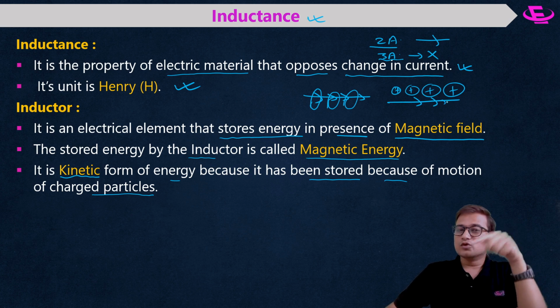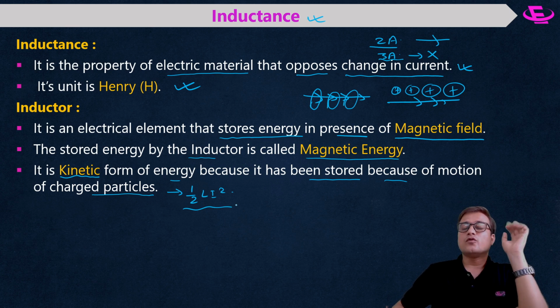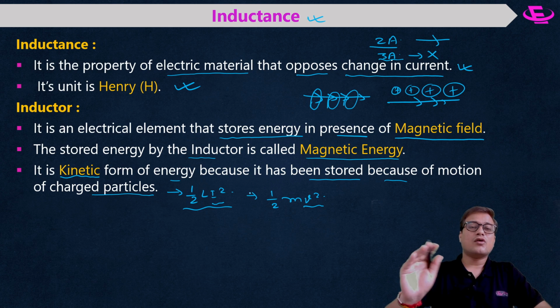So because of the motion of charged particles, it is a kinetic form of energy. Its formula is 1 by 2 L i square. If you compare with the kinetic energy you learned in physics, 1 by 2 m v square, here i is the current. Clear? So this is about the inductor.